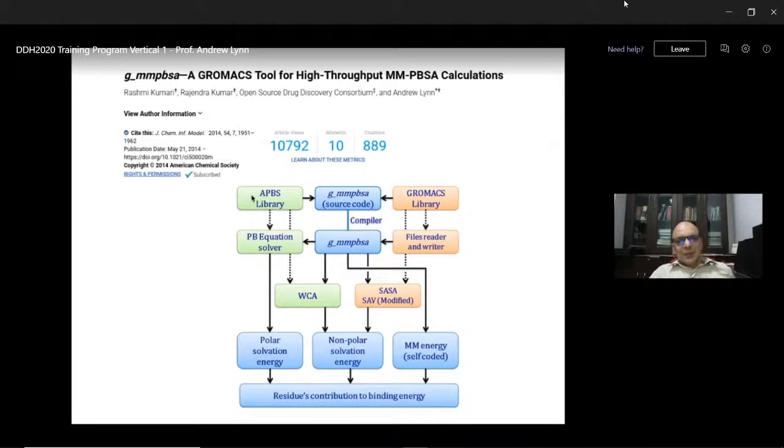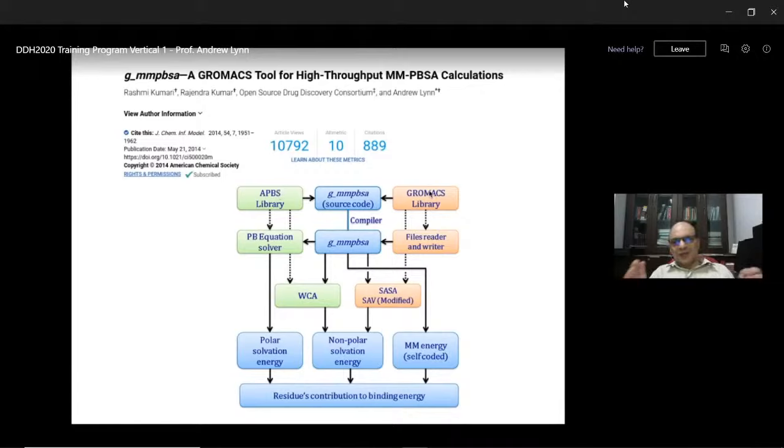It takes two software. One is the APBS software, the other one is GROMACS. If you are used to computational chemistry, these are very well-known software. What it's done is simply taken this software, broken up the functions, and put them together into a third software which we've released. Both of them are open source.